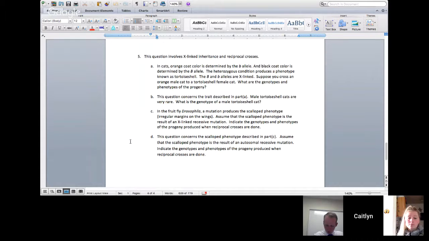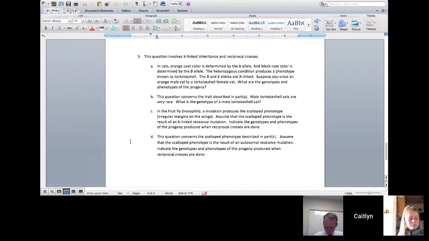And part C and D, it's referring to a fruit fly mutation in the wing. So for C, we just used Punnett squares to find the reciprocal. So for the first cross, it was a male with the dominant allele, and then a female, which was homozygous recessive.